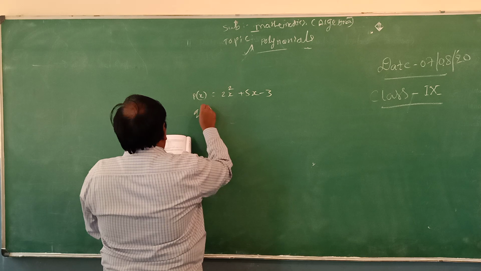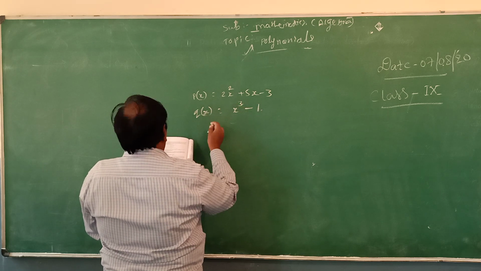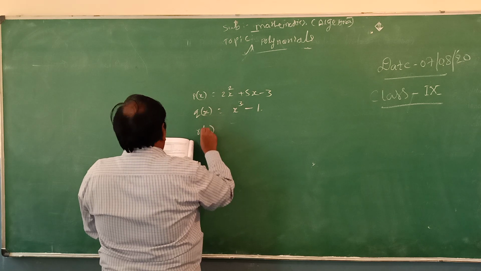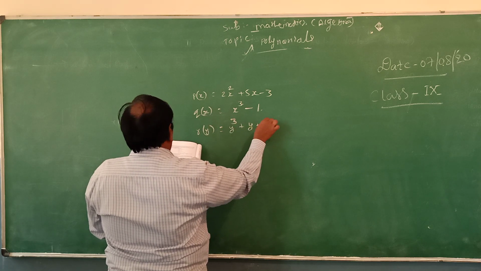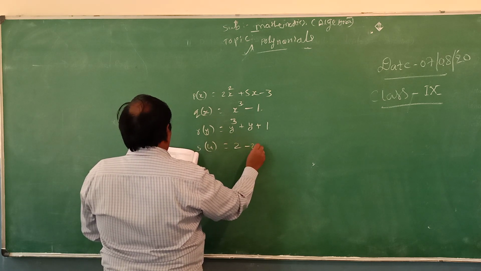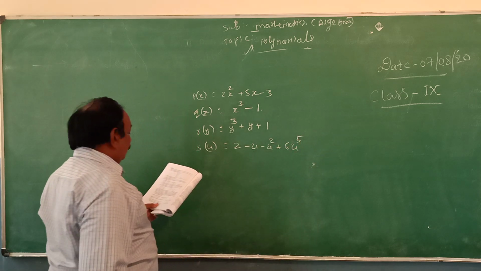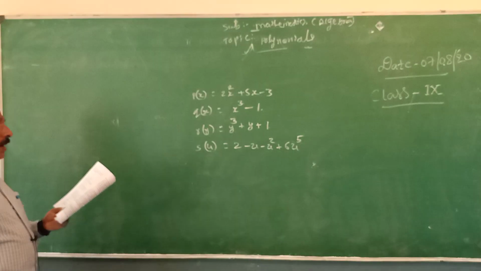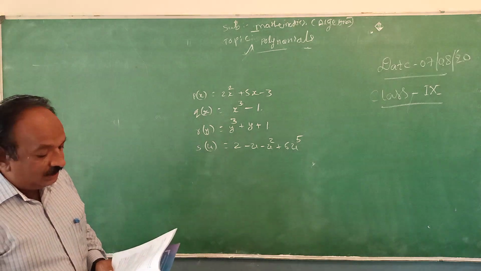Q of x is equal to x square minus 1, x cubed minus 1. R of y is equal to y square, y cubed plus y plus 1. S of u is equal to 2 minus u square plus 6u to the power of 5. All these polynomials have a finite number of terms.